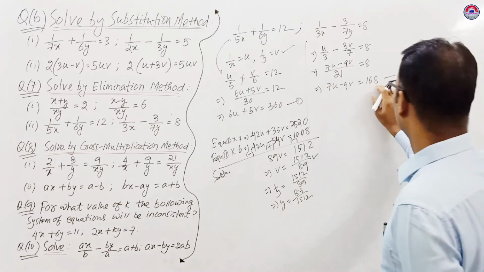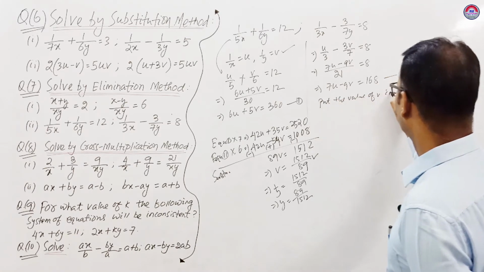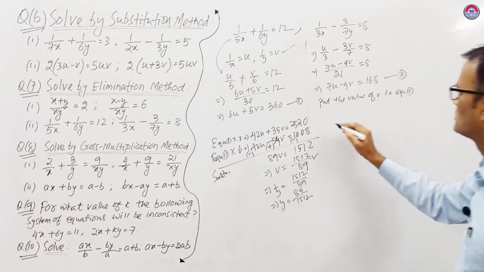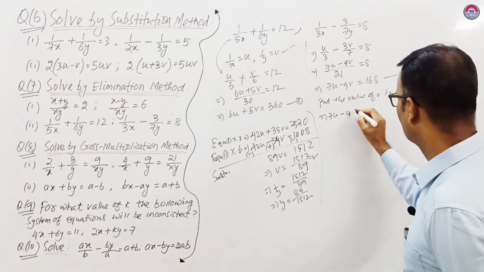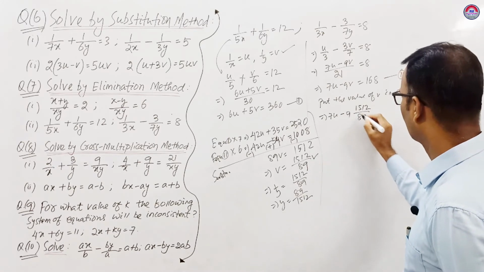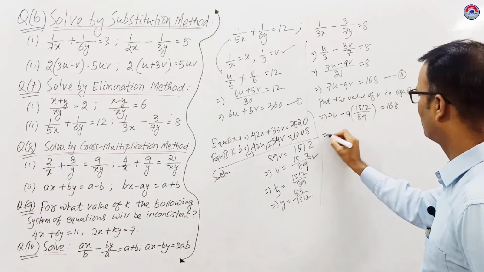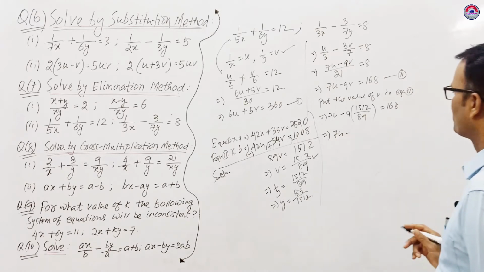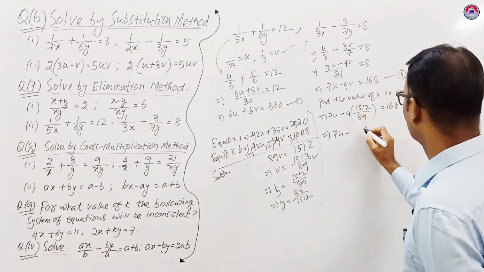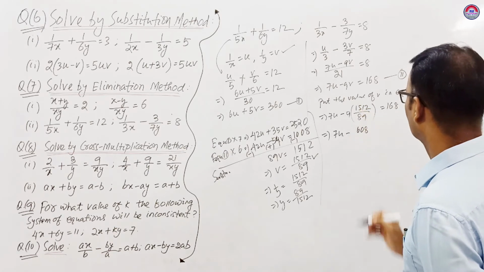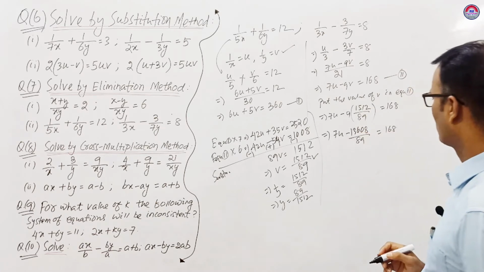Okay, that is the value of v. Put the value of v in equation 2. You see, this is 7u minus 9 into v, and the v value is 1512 by 89, equals 168. That implies 7u minus 9 into 1512 by 89, that is 13608 by 89, equals 168.